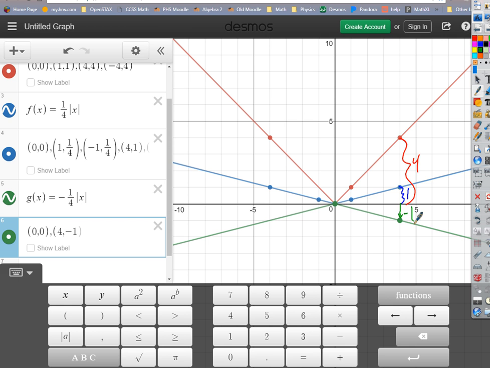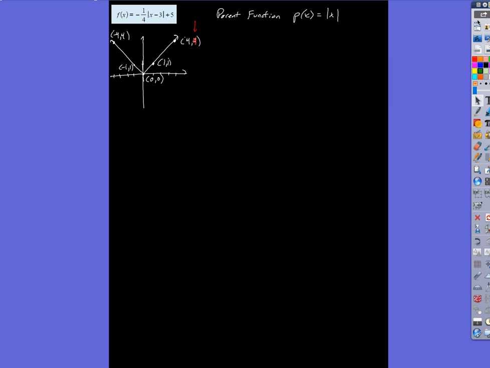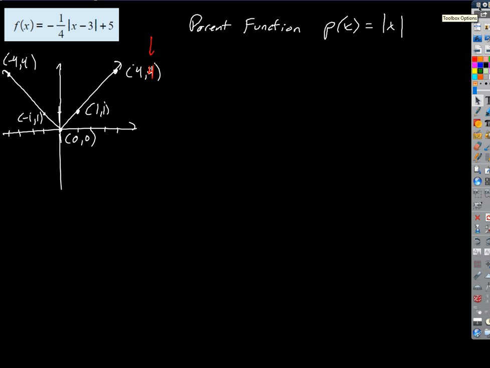Okay. So one thing we could do, if we're going to try to create this function, is we could start with that green one. We could go ahead and do the dilation and the reflection first, and then we could take care of the translation part. What are we doing if we're adding 5 to the whole thing? Moving it up 5.